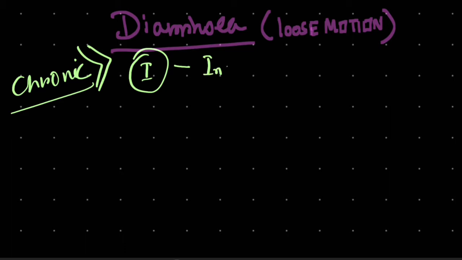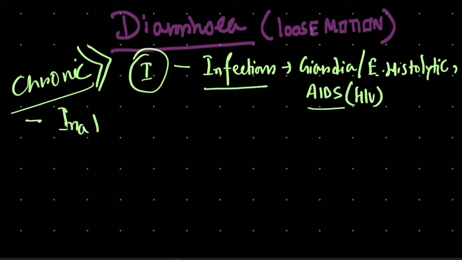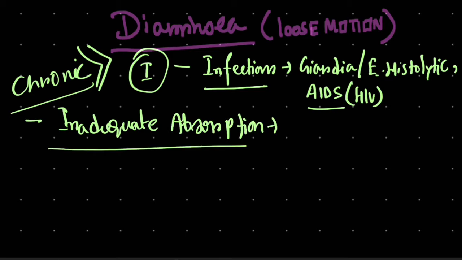Number 1 is infections. Chronic infections with Giardia, Entamoeba histolytica, or AIDS, basically HIV, human immunodeficiency virus. These infections can cause chronic diarrhea. Secondly comes inadequate absorption. Absorption of what?